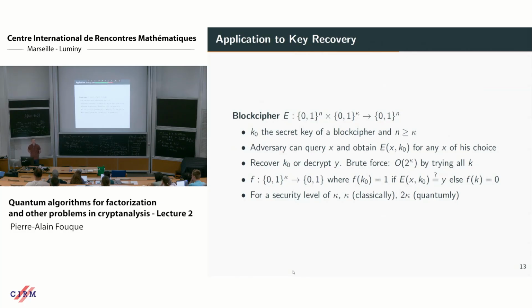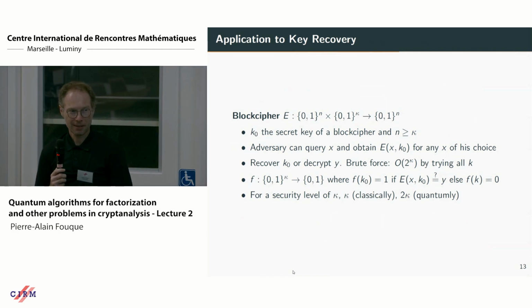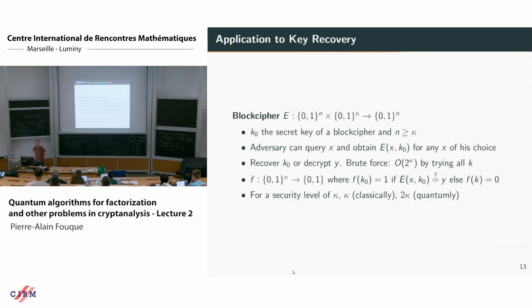Question for Pierre-Alain? We have a lot of estimations for factoring. We do not have the equivalent for discrete log, and in particular for elliptic curves. Yeah. So the question is, with elliptic curves the keys are even shorter than for discrete log.